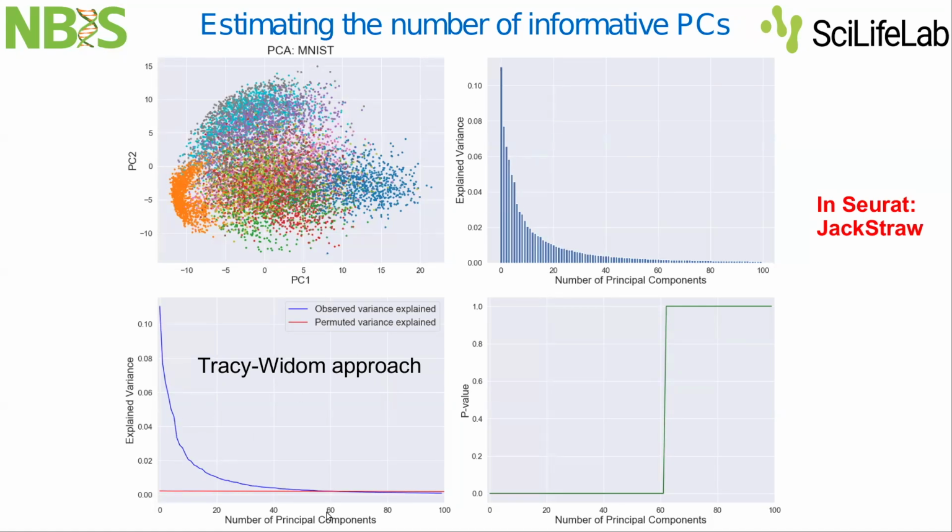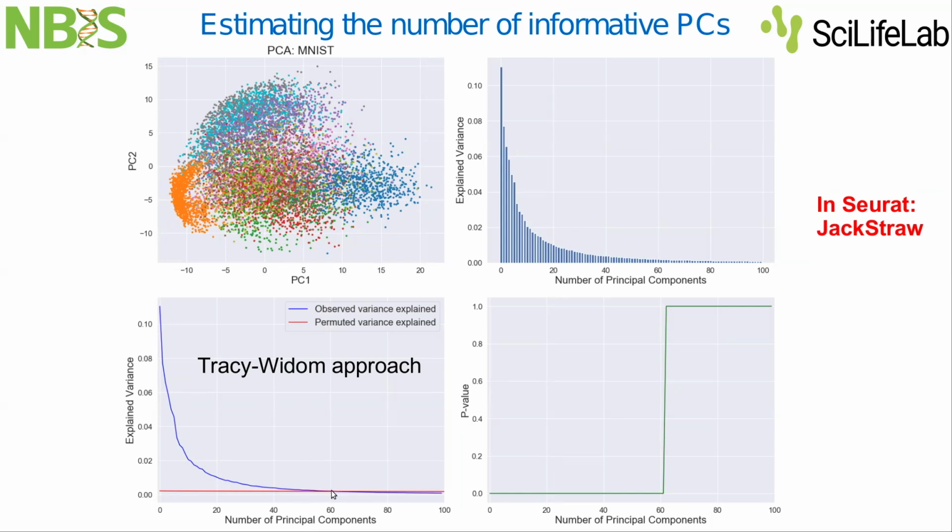And what I'm plotting here, the blue curve is exactly what I call the observed explained variance on the MNIST data set. And the red curve is what you get, the variance explained on a shuffled matrix. And at a certain point, the blue and the red curve meet each other, maybe at around 60. Visually, it looks like this. And this is basically what sets a noise zone.